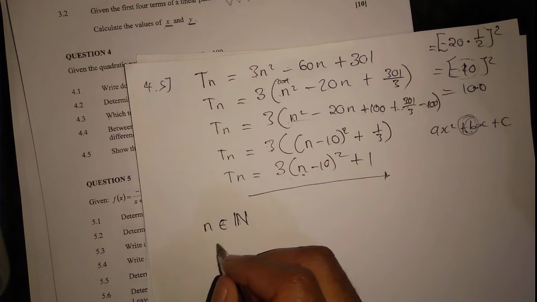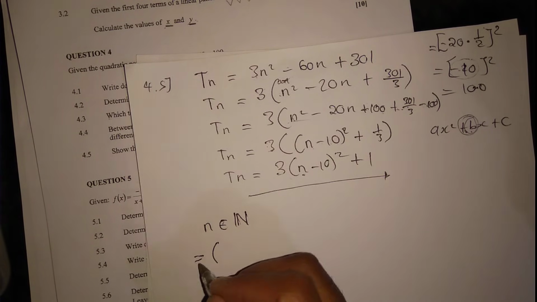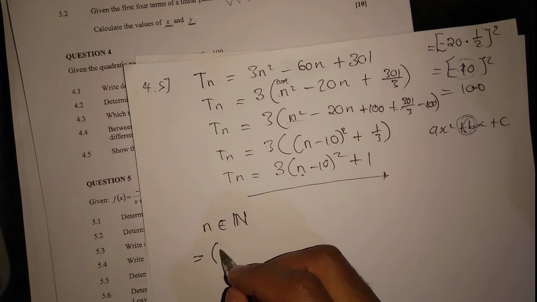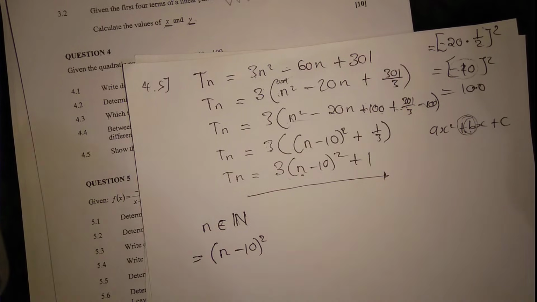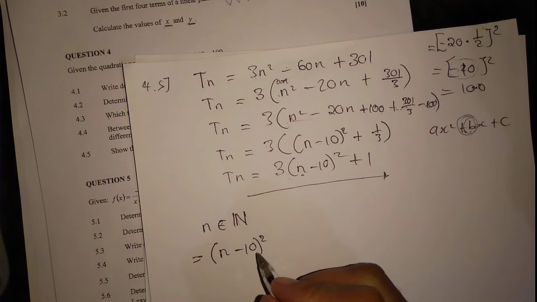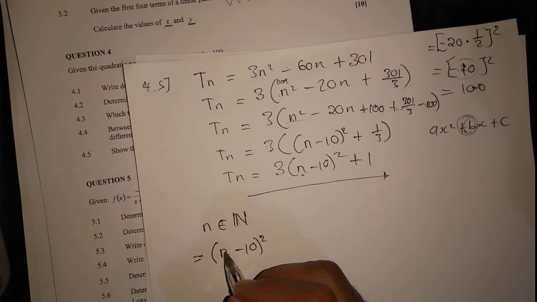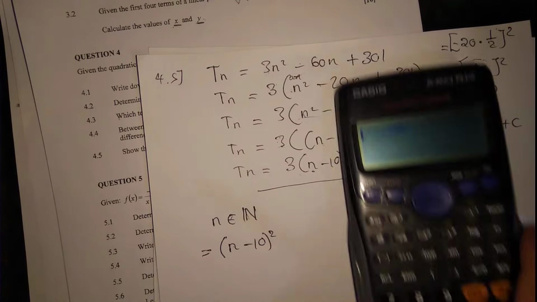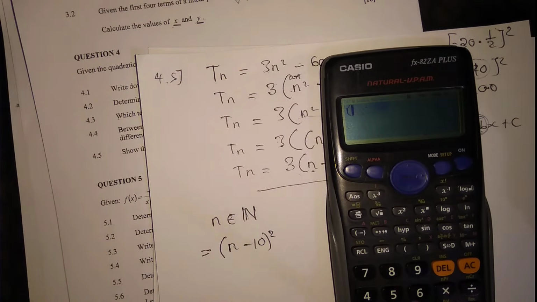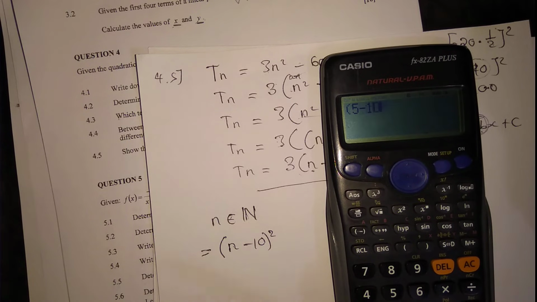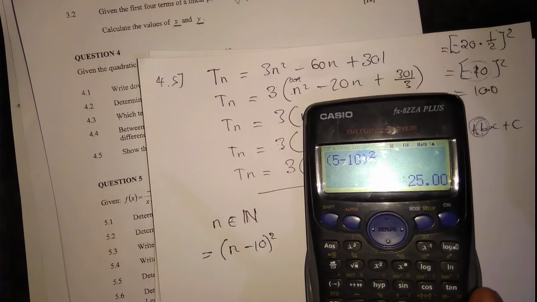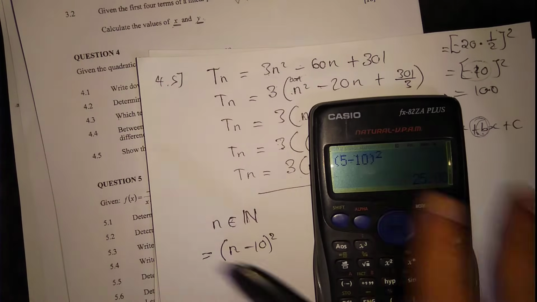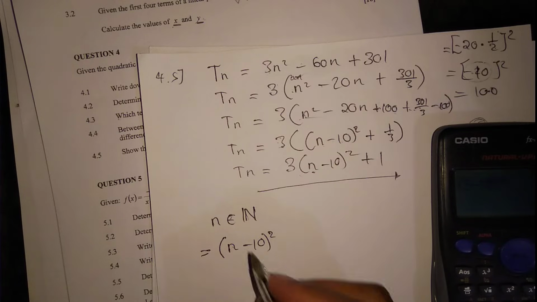So we look at this bracket and substitute our natural number n. Let's take n as 5: 5 minus 10 squared, and the answer is positive, in this case 25.